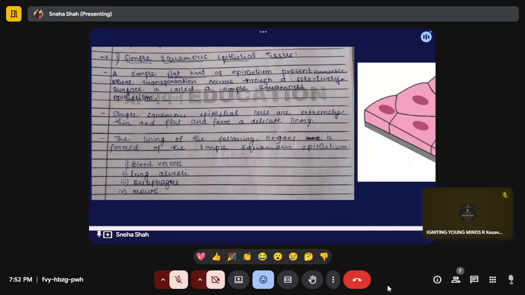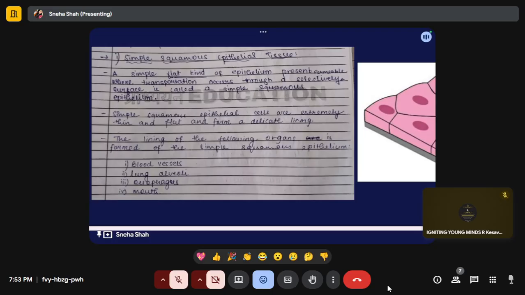The lining of the following organs is formed of the simple squamous epithelium: blood vessels. Understand why they need simple squamous epithelial tissue. What do you have in your blood? It contains nutrients, it contains oxygen, it contains the carbon dioxide also, which needs to be exhaled out from your lungs. So, blood contains everything your body needs.